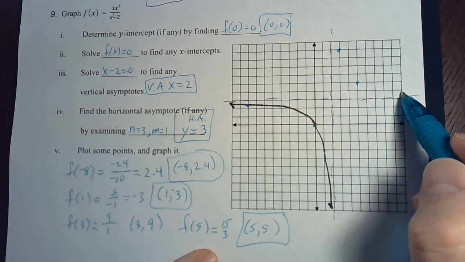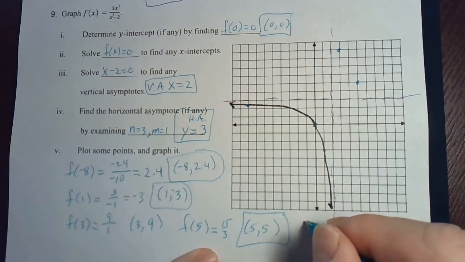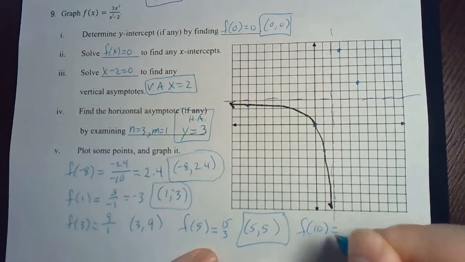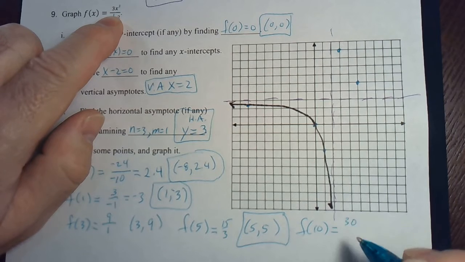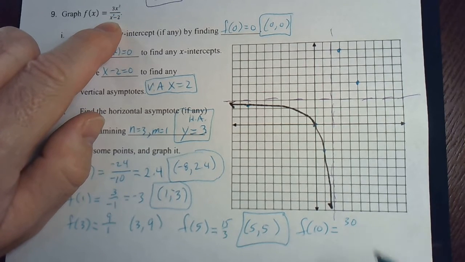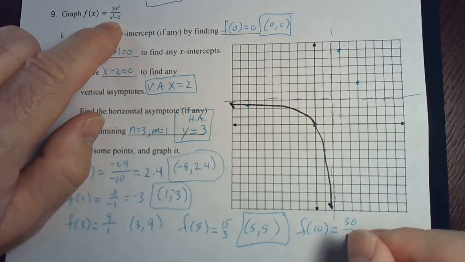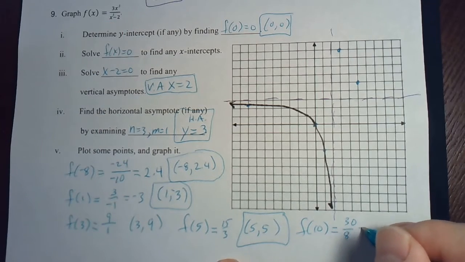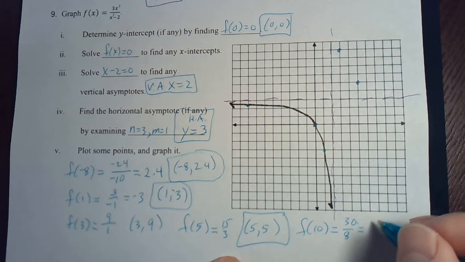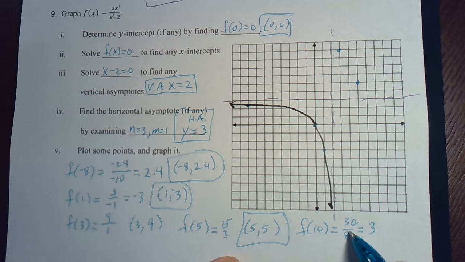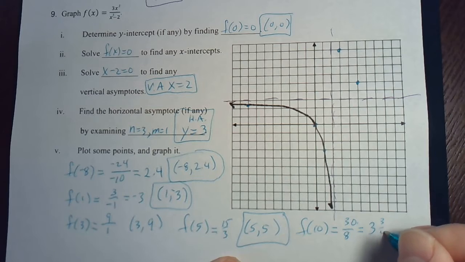Now let's go all the way to 10. How about that? F of 10. When x is 10, we get 30 on top, 3x, and then 10 minus 2 is 8. That is equal to 15 over 4, which is almost 4. But it's 3 and, let's see, 3 and 6/8, 3 and 3/4.